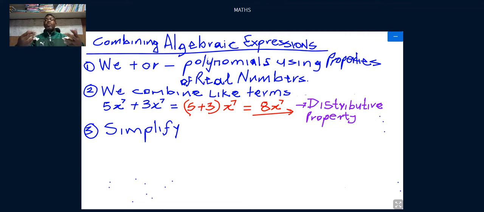For instance, when we combine algebraic expressions, we add or subtract polynomials, we'll have to use properties of real numbers. They become applicable, these real number properties. You can't go through without them. That is why I started there.